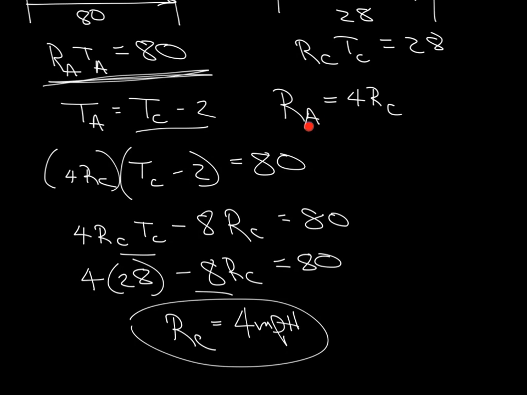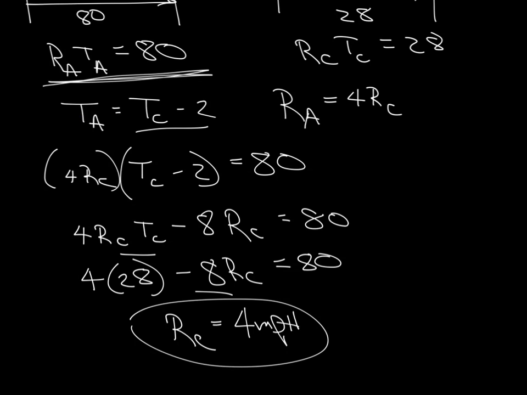And then I can take my RC, which is 4, TC equals 28, and divide and get that to be my TC being 7. Put 7 here, 7 minus 2 is 5, so my T of A is 5. So I found all 4 variables really quick and easy.